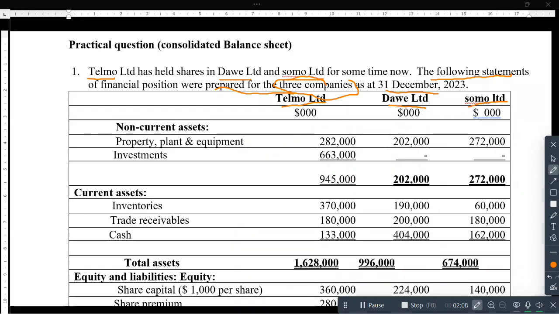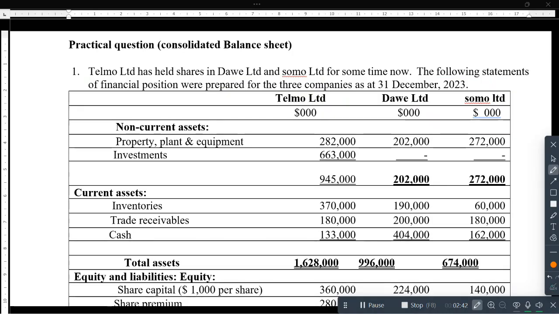Don't forget, consolidation is trying to combine the financial information of a parent and those of subsidiary. Right now, we can't tell whether Teremo is a subsidiary, Dawe is a subsidiary or an associate, or Somo is a subsidiary or an associate. Don't worry, as we move on, we shall test and get to know which one is a subsidiary, which one is an associate. We have been given non-current assets for company A, company B, company C, Teremo, Dawe, and Somo Limited. Current assets are there.